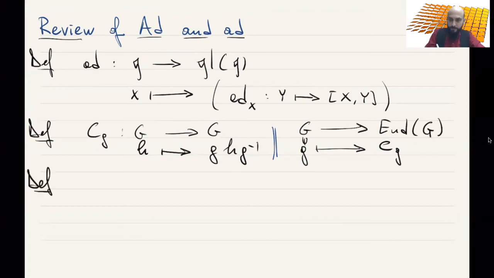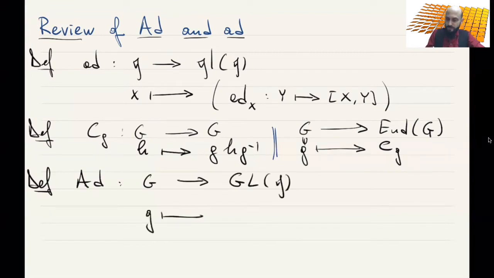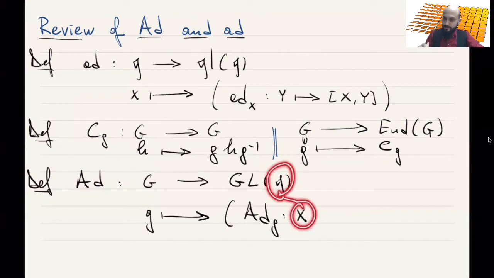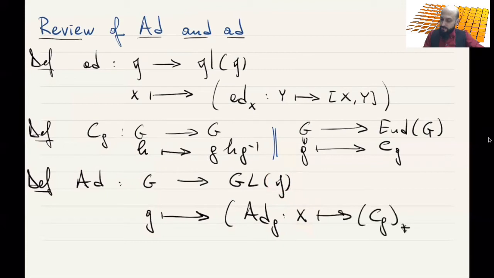And then finally, the adjoint representation goes from G to the group GL(g), and to every g associates the map Ad_g that to every x in the Lie algebra associates the push forward by C_g of x.